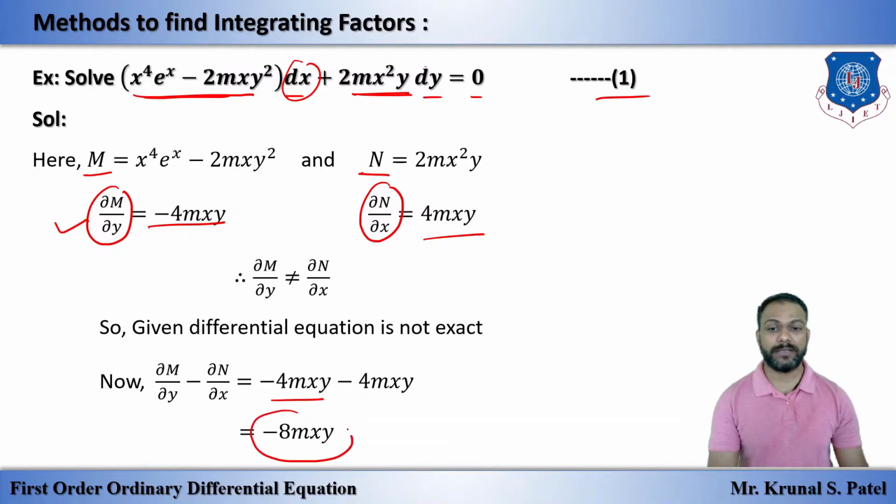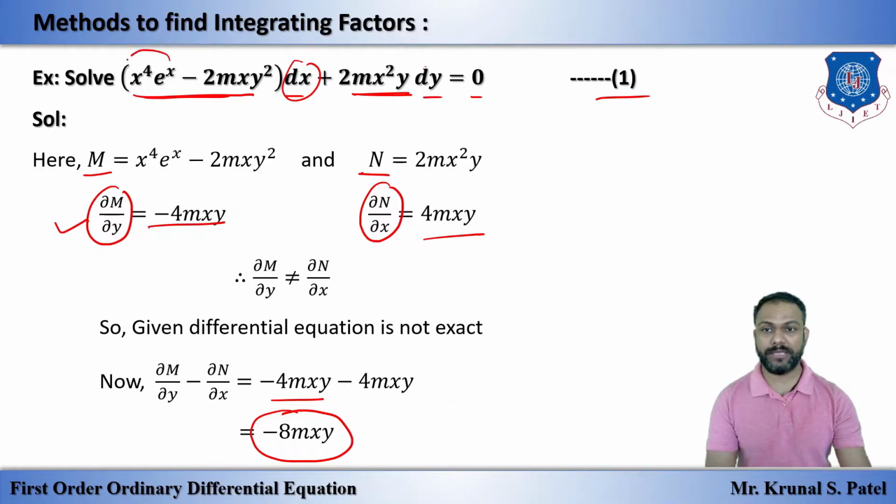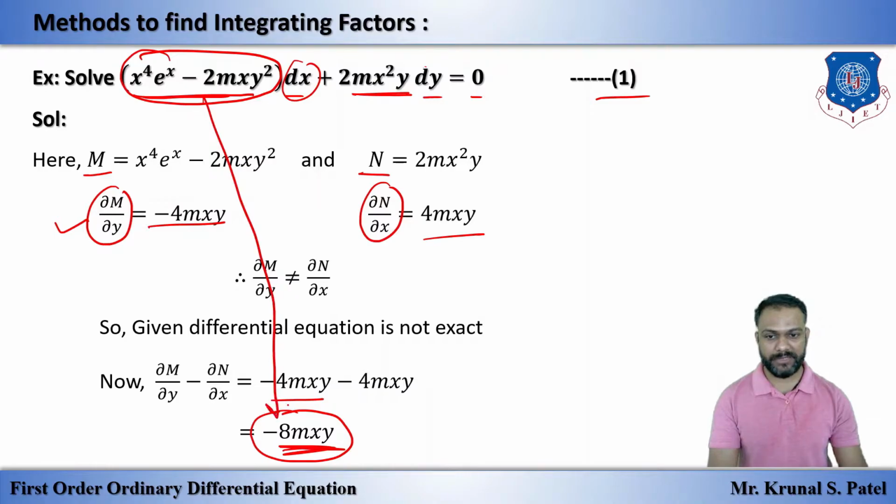Now think, by which term we will divide to get a function of x only or y only. If we divide this minus 8mxy with M, it is not possible to simplify, because of two terms in the denominator. So dividing by M is not possible, it is clearly seen here.